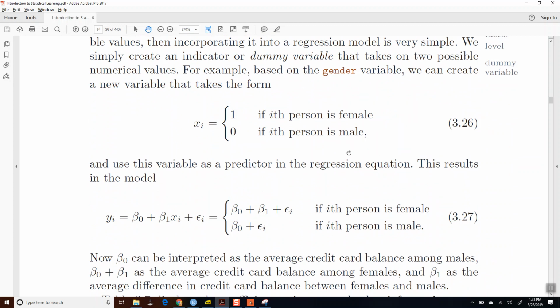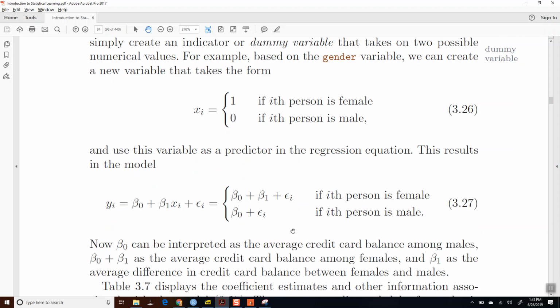So here we have gender, and we can say male is 0 and female is 1. Basically the prediction for male is going to end up being beta 0, and if it's female, it's going to be beta 0 plus beta 1.